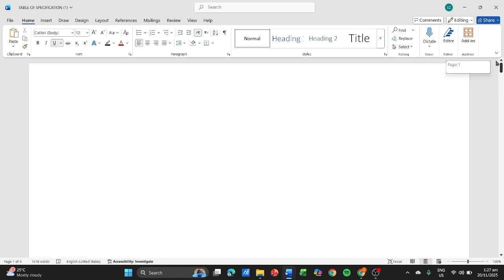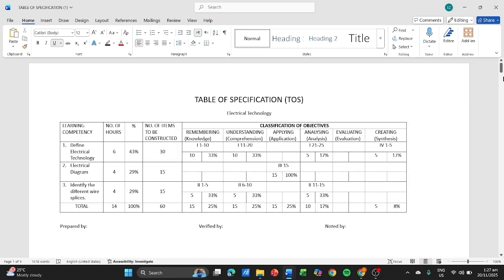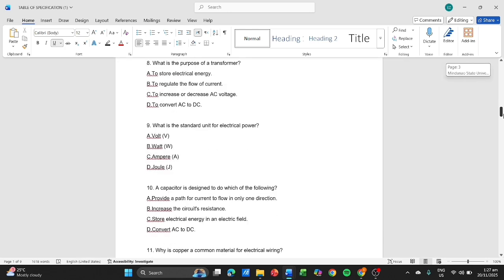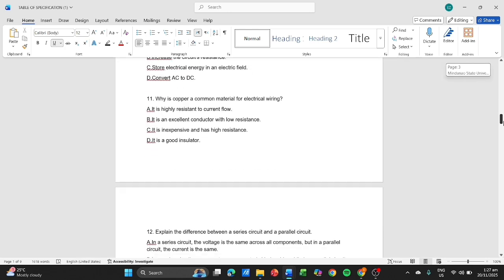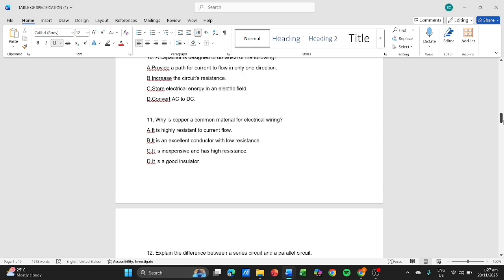So for item 11, this is understanding. Why is copper a common material for electrical wiring? For this type of question, if you don't have comprehension, you cannot answer it, because this is not the same as remembering, where you're going to remember the definition.